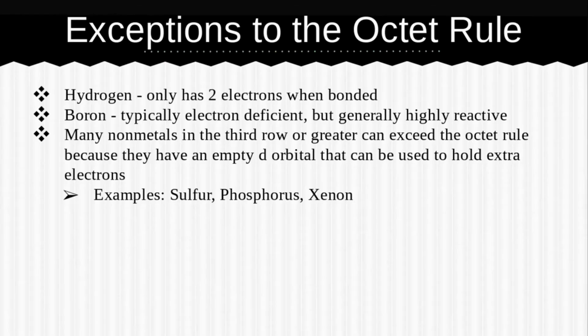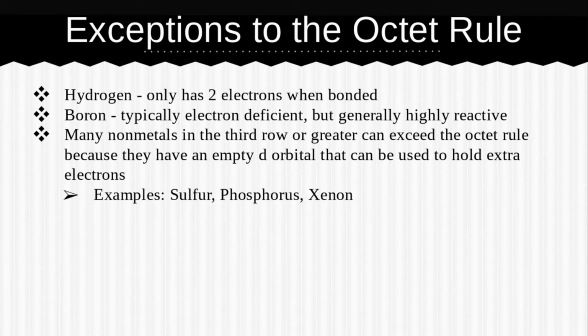So we do have quite a few exceptions to the octet rule. Remember, the octet rule is that every atom wants to have 8 valence electrons. There are a few atoms that want to have fewer. Hydrogen, for example, only has 2 electrons when it's bonded, and that's because it only has 1 proton to begin with. There's no way it can hold on to 8 valence electrons.